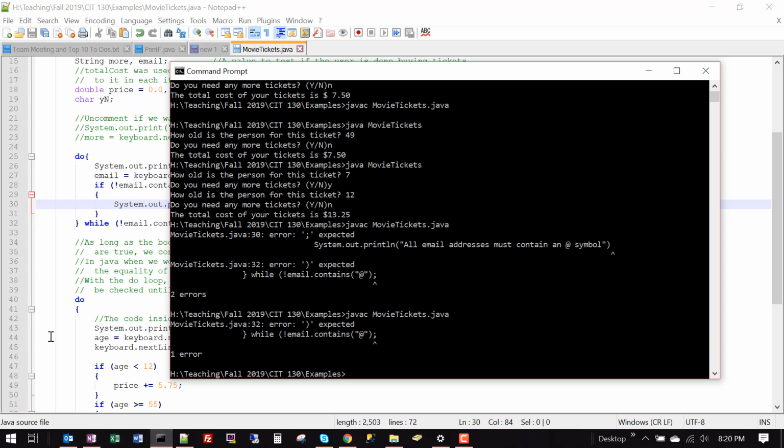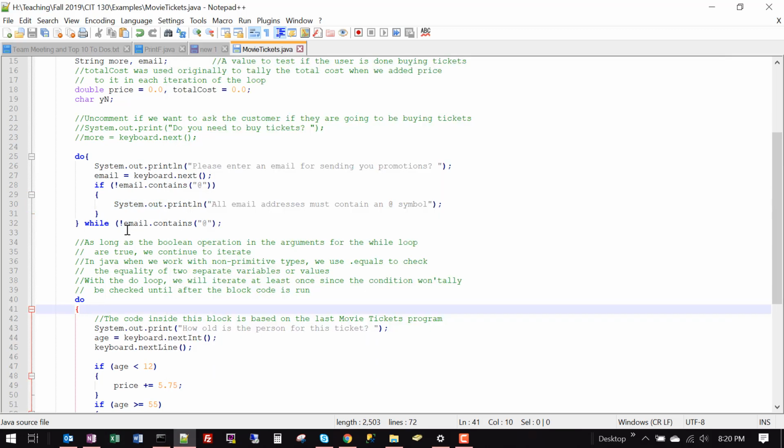And I left out a parenthesis. That's even easier to do. One of the things that I like about doing these lectures live and showing you my compiler errors, that's not because I like to be embarrassed, but I like to show you these common errors. So you see the highlighted part here, that goes together, not email.contains @, but there's no closing parenthesis for the while.